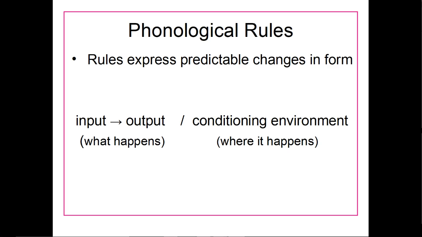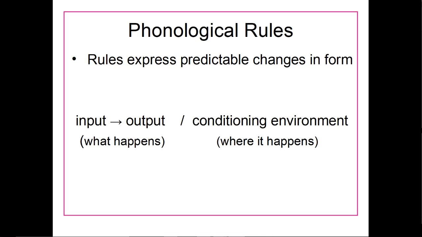For now, I will be talking about phonological rules and phonological processes. This is showing you a formalized way that linguists will sometimes write down a phonological rule. If there is a predictable phonological interaction between sounds going on, this is the way linguists will tend to write it down.